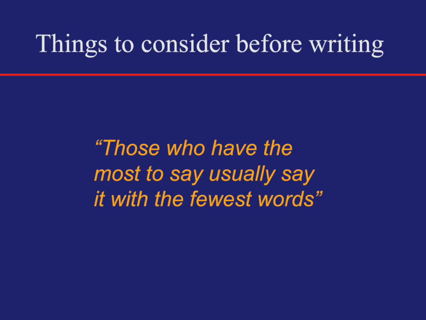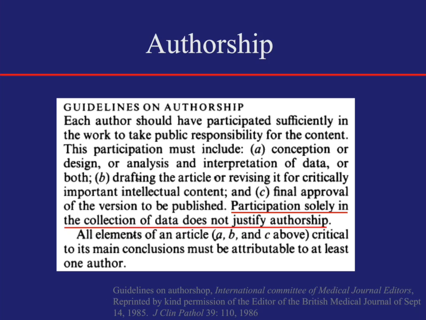I think a nice paper is a paper that goes straight to the points, with discussion on those points, and that's it. There are guidelines on authorship, and it is important that authors are only those who participate in the collection of data, in ideating the study, in analyzing the data, and in writing the manuscript.